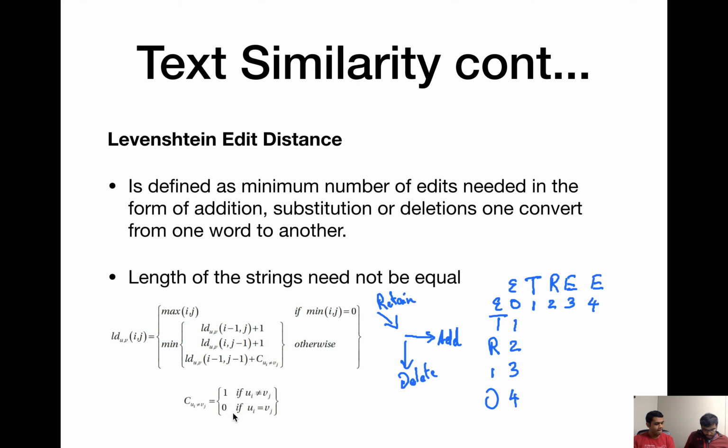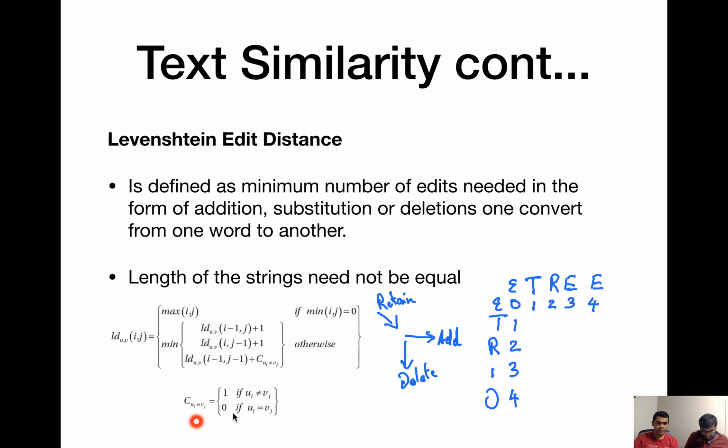In this formula, for every change we have to add a 1 to the deletion and the addition part, and add a 0 or a 1 depending on if the two characters are equal or different.